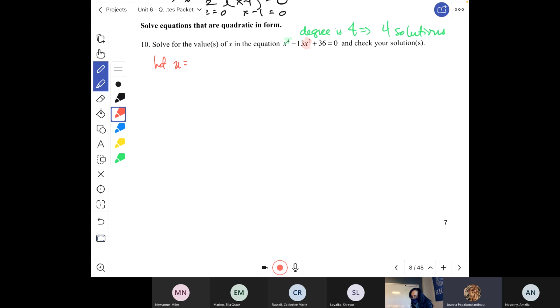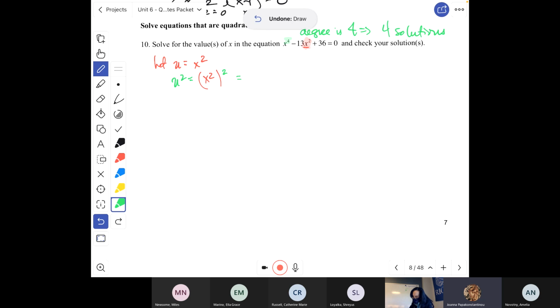So let u equal x squared. So that means u squared is x squared squared, right? Which is x to the 4th.